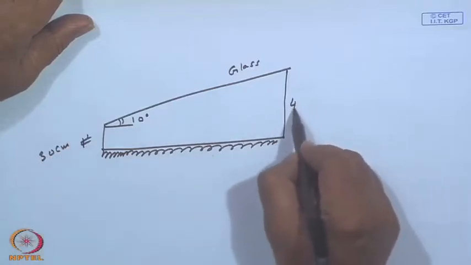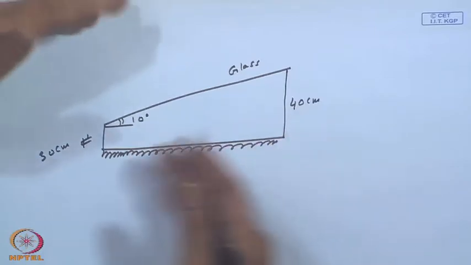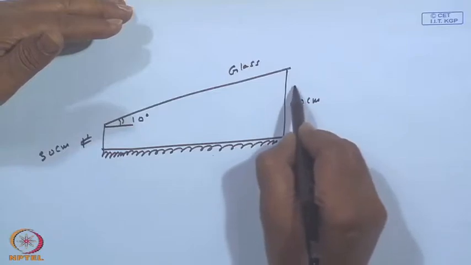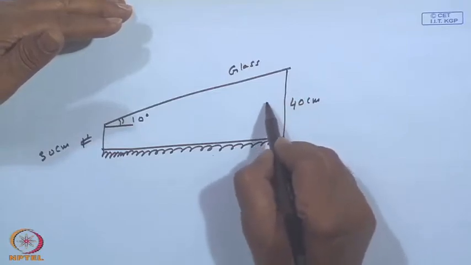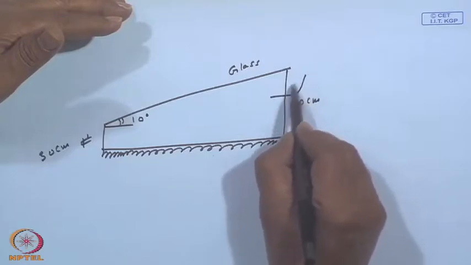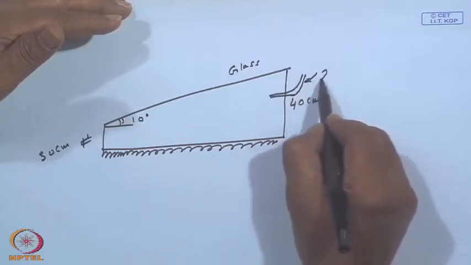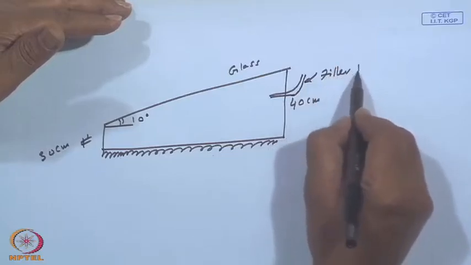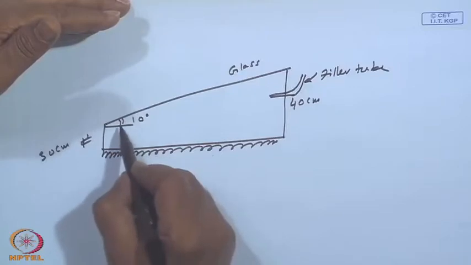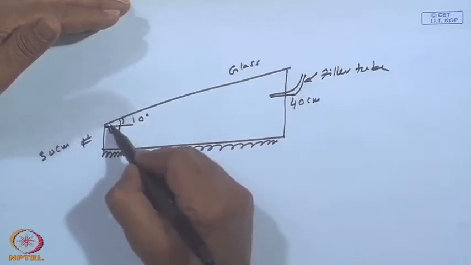And this may be 40, depending upon the slope; if it is 1 meter you can calculate. You may have a filler tube over here, and then you have a collecting channel.